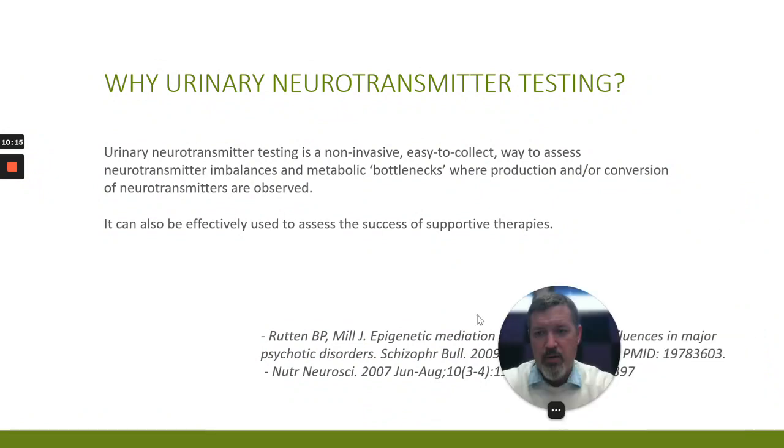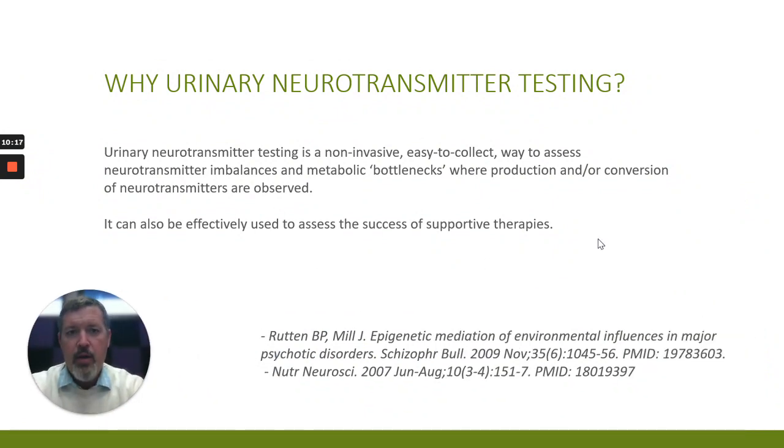Let me move myself back over here for a second. So first off, the nice thing, of course, as most of you find when you start to do a lot of neurotransmitter testing, is that it's non-invasive and easy to collect.